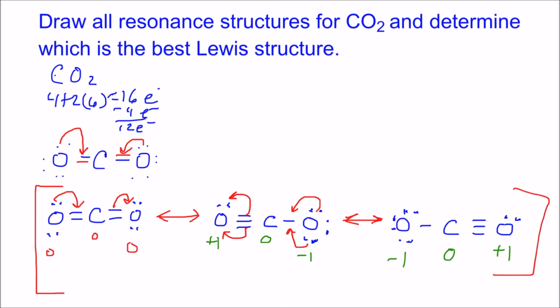Okay, this one has the least amount of formal charge because there's not any at all, which means automatically this one is better than either of those. And then the third one is that if you have to have formal charge, the negative charge should go on the more electronegative element. So the more electronegative element is oxygen. So oxygen should have negative formal charge if possible.